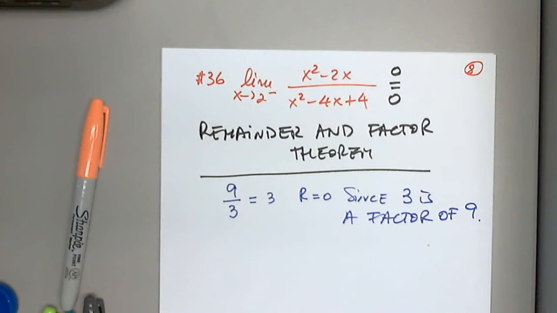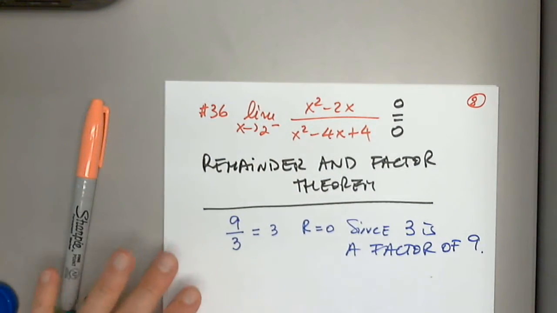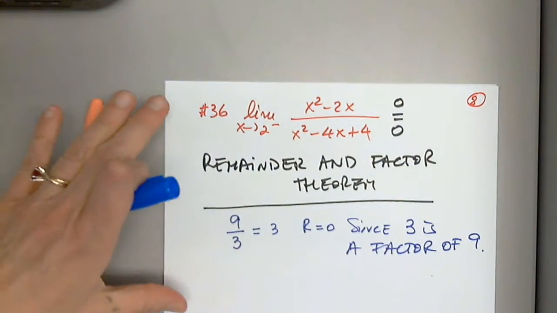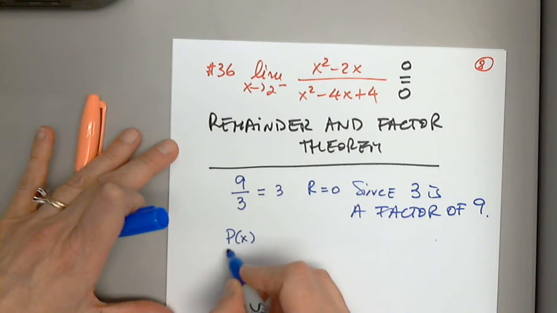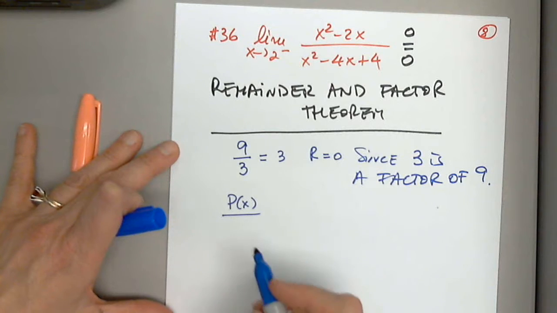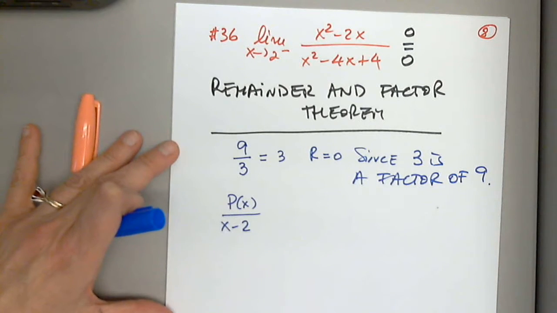So if a division does not have a remainder, it means that this quantity is a factor of this quantity, correct? 3 is a factor of 9 because there is no remainder. Okay. So now, when in a polynomial, let's say I have a polynomial p of x, and I divide it by x minus 2.